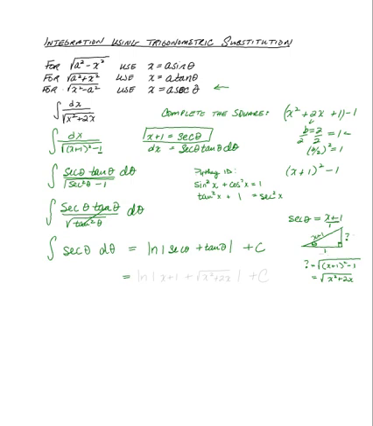So now I can replace secant of theta. Secant of theta is just x plus 1, plus tangent of theta. Tangent of theta is going to be my opposite side over my adjacent side. So the opposite side is square root of x squared plus 2x over the adjacent side, which is a 1. So just like so. Close off my absolute values, put my plus c on there, and we are done.